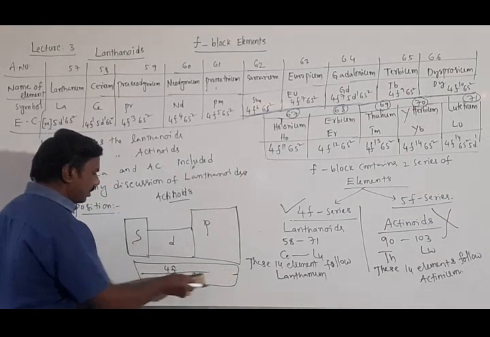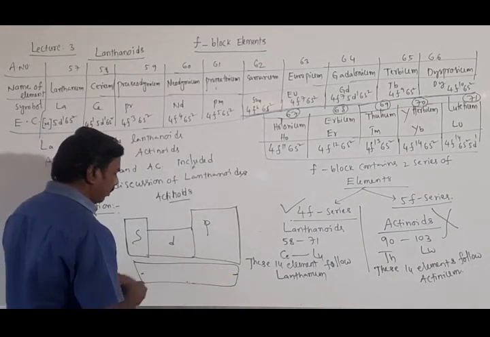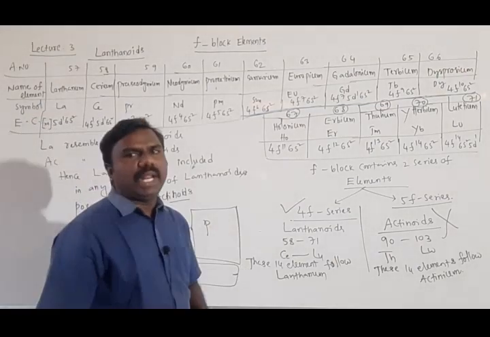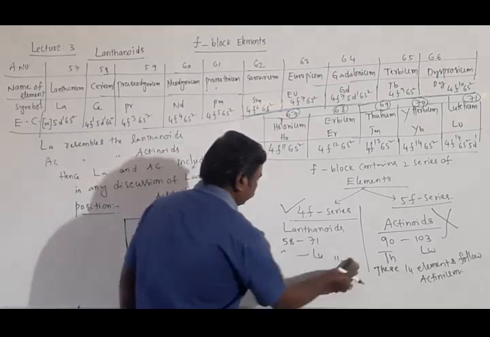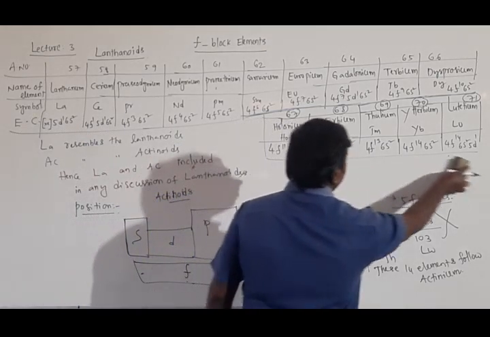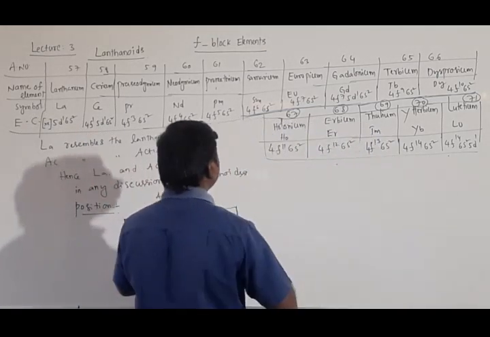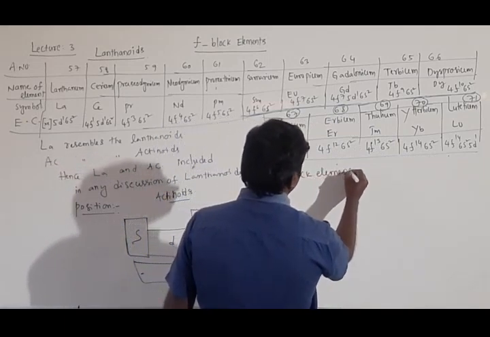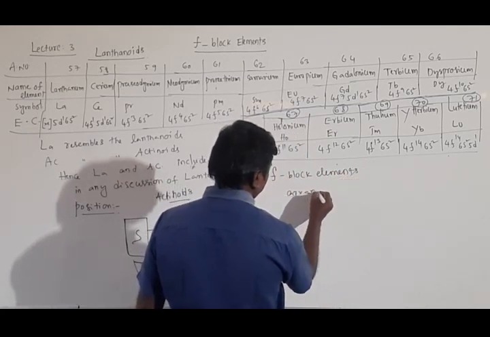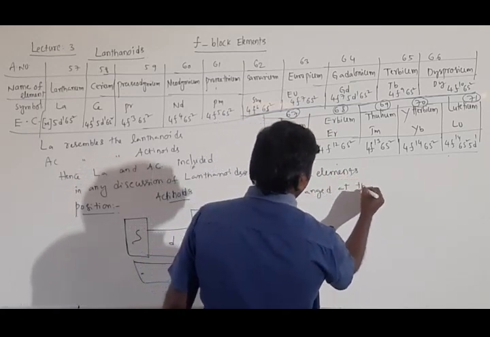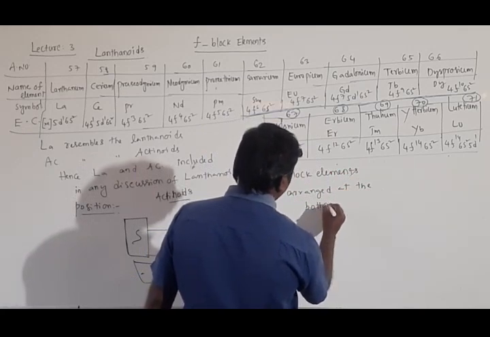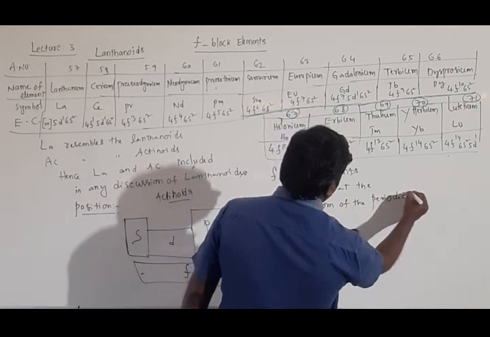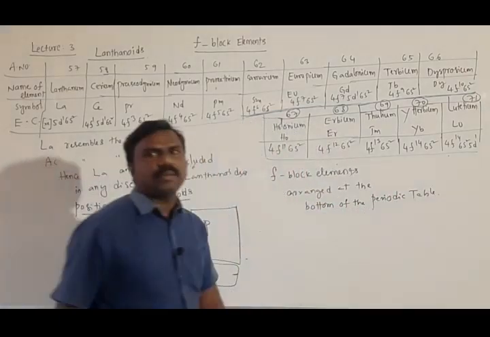So F block elements are located at the bottom of the periodic table. Because of their unique properties, we placed them at the bottom to arrange the elements, right? It is the position.